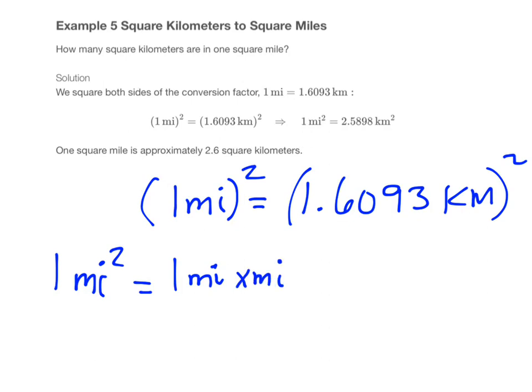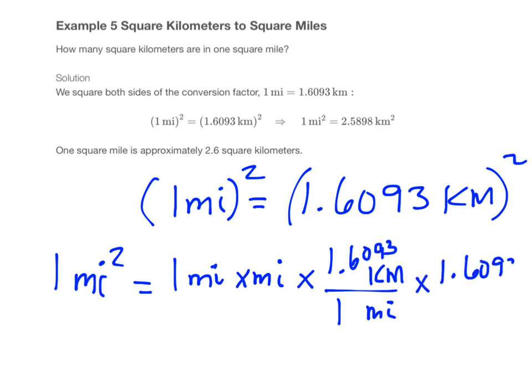And then to go to kilometers squared, we need to multiply by the miles to kilometers conversion factor twice. So we'd have 1 mile is 1.6093 kilometers, and do that twice. So you can see what we're multiplying by is just 1.6093 twice, or squared. All right, so that's why it's the same thing.